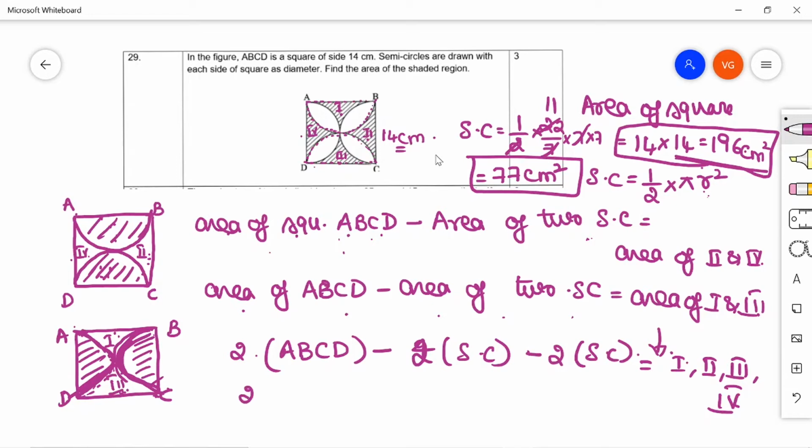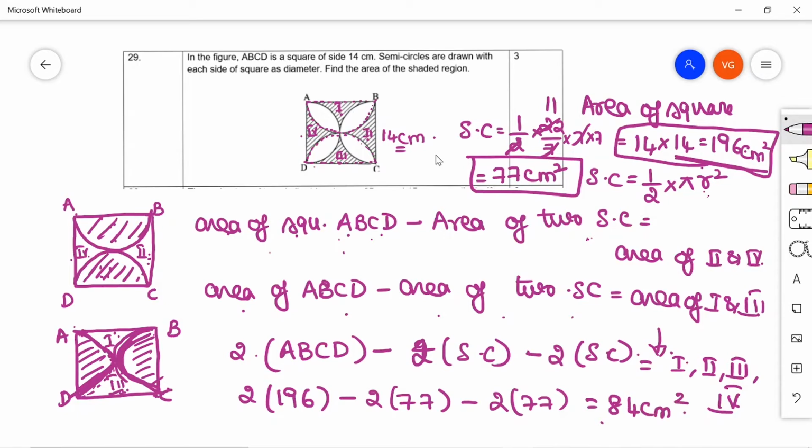So that will be 2 into 196 minus 2 into 77 minus 2 into 77. If you do this calculation, you will get 84 centimeters square. Okay, so the area of the shaded region here is 84 centimeters square.